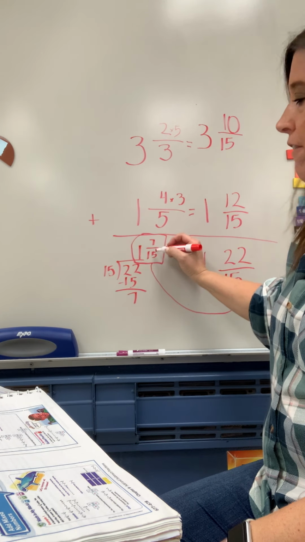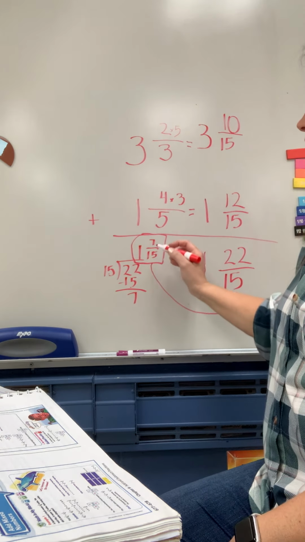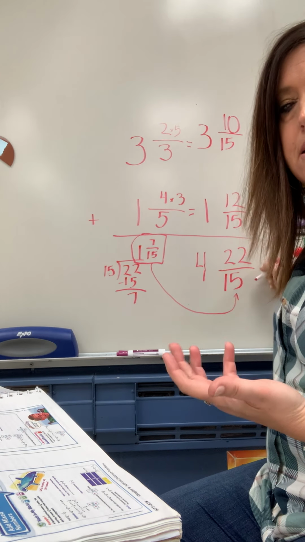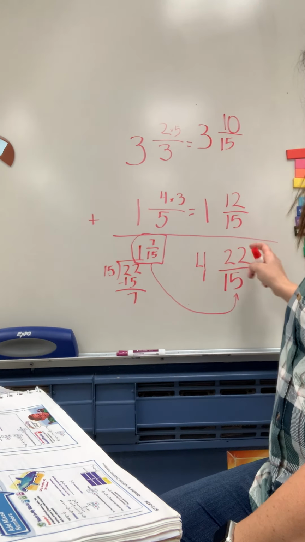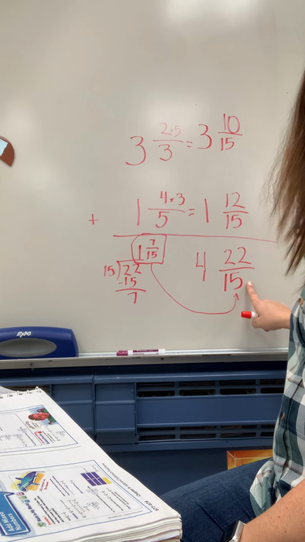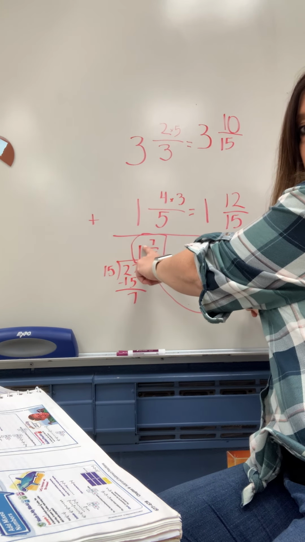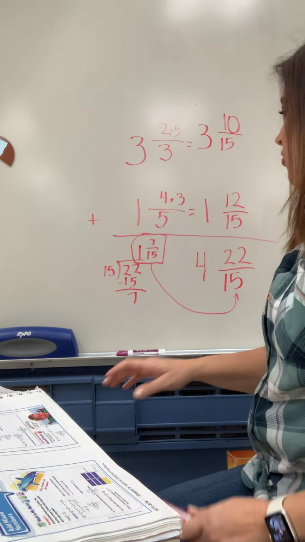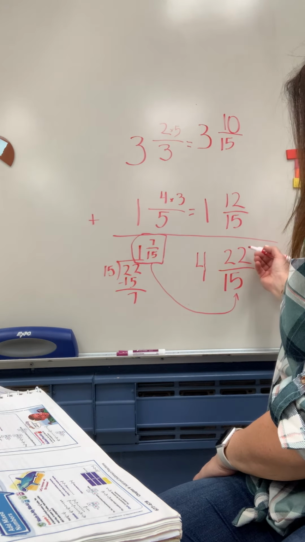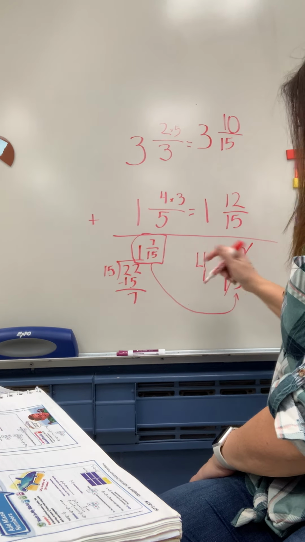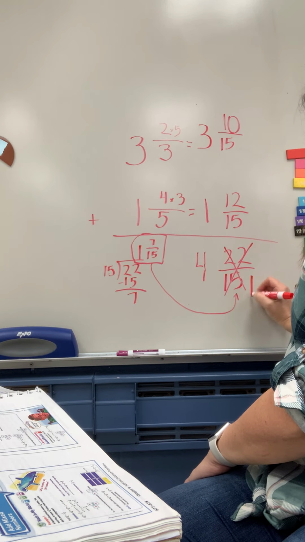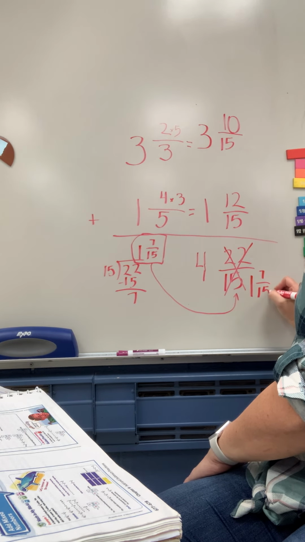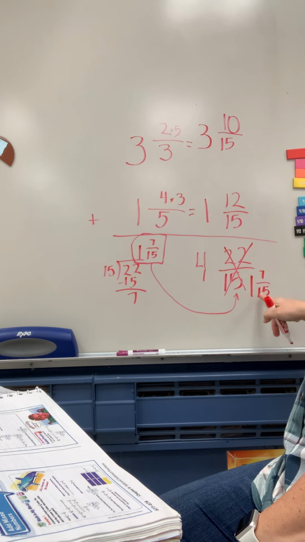And then I would have 7/15ths of the next pizza. Another way of saying that is, how many slices of 15ths do you have? Well, I have 22 of them, 22/15ths. So these two amounts are equivalent. I'm calling 22/15ths 1 and 7/15ths.